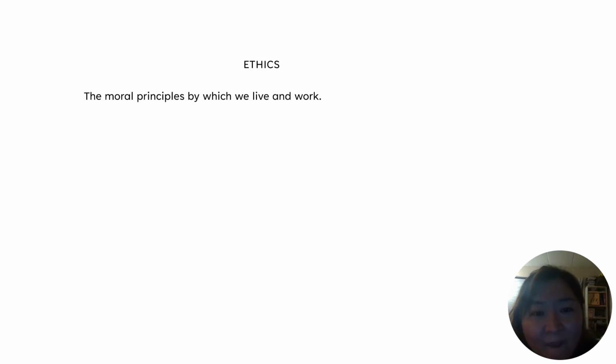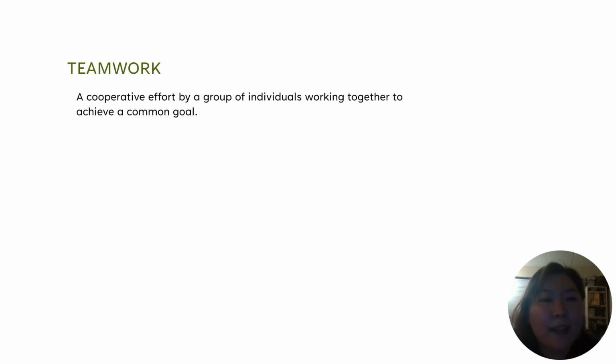Ethics are the moral principles by which I live and work. Teamwork is a cooperative effort by a group of individuals working together to achieve common goals.